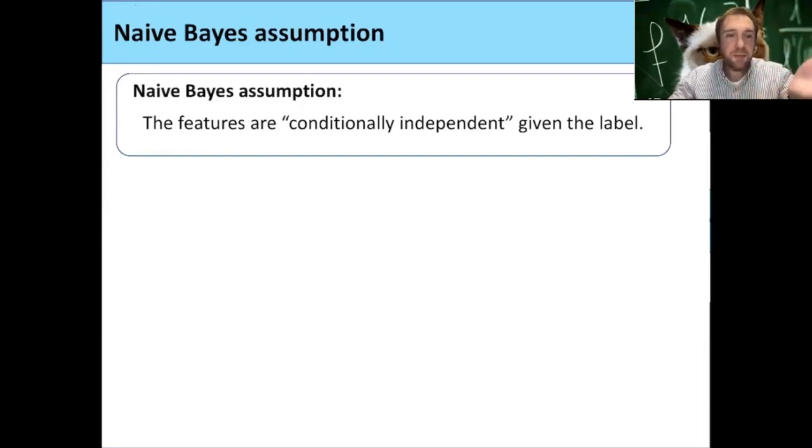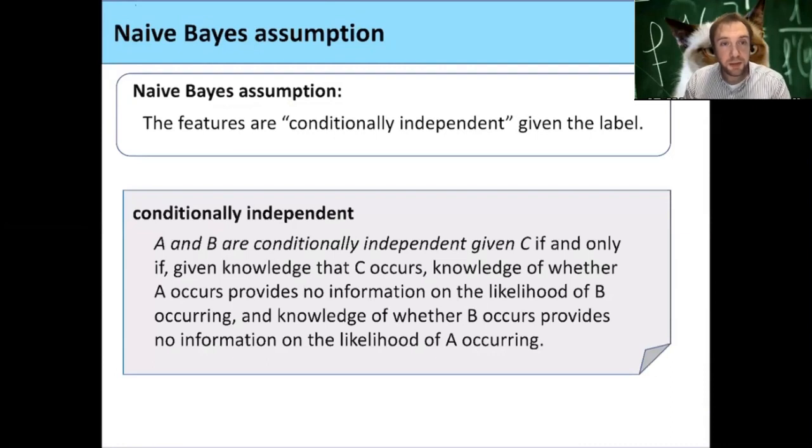Then if I tell you that an email is spam and it contains the word Nagoya, then the probability that it also contains the word university is quite high. And this would mean that these features are not conditionally independent. But we will assume that this is the case. It is a strong assumption, but in reality it seems that this assumption is actually not bad, and this algorithm gives good results.